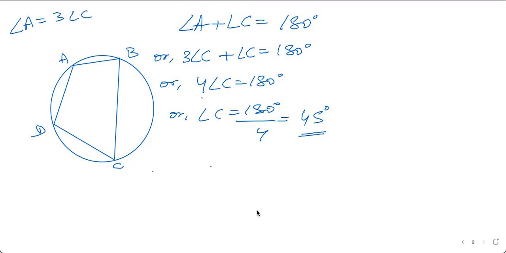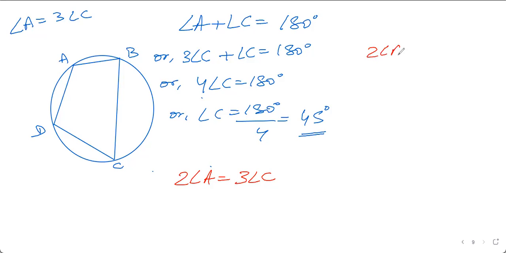The question really says, I'm now writing it with red, twice of angle A equals thrice of angle C. The question actually says twice of angle A is equal to thrice of angle C. See how the question becomes interesting.